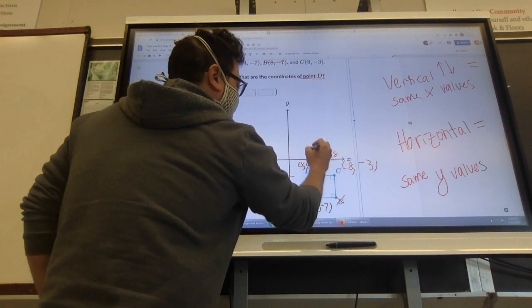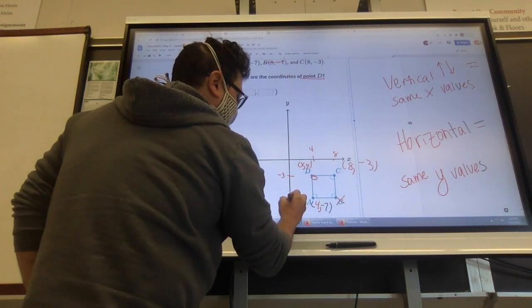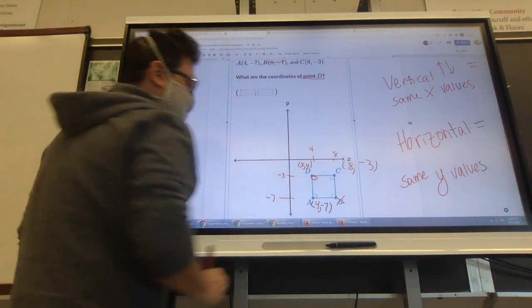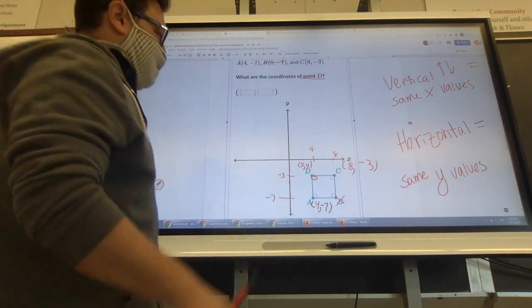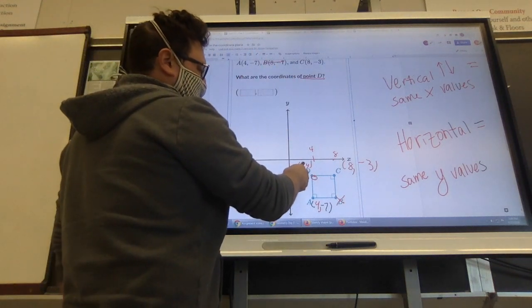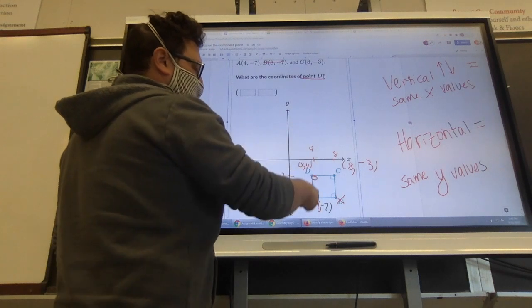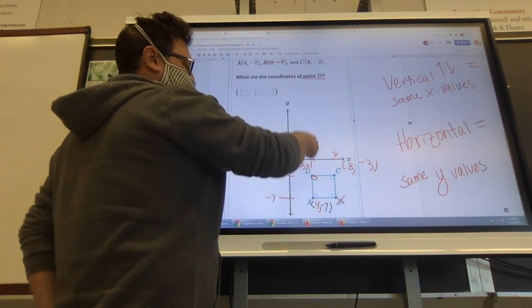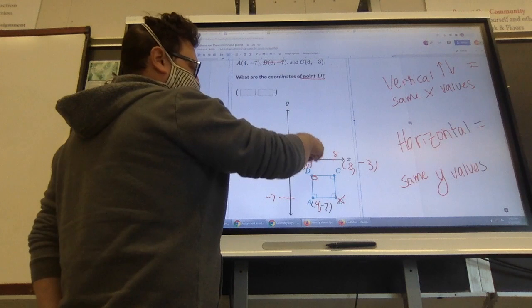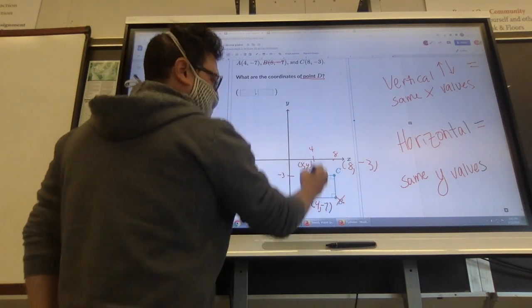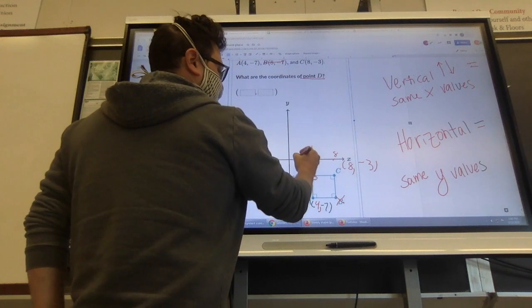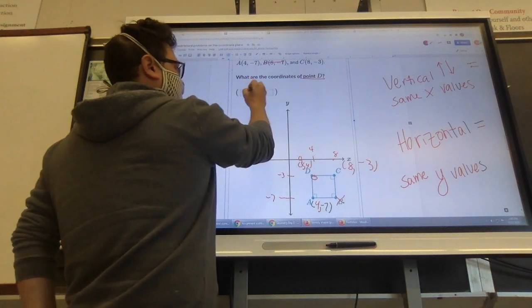That would make 4 up here and -7 down here. So, again, I do the same thing Jesse did. If I'm looking at D's x value, I look up and down. I look vertically. So my x value is 4 down here, and like I wrote 4 over here, so that's going to be 4.